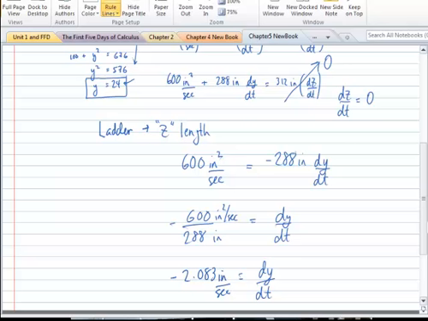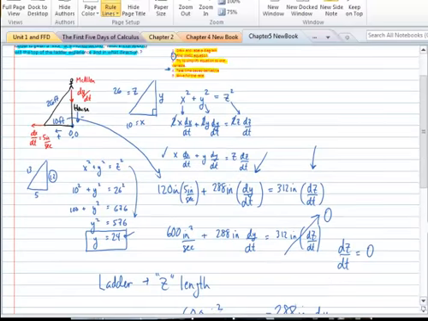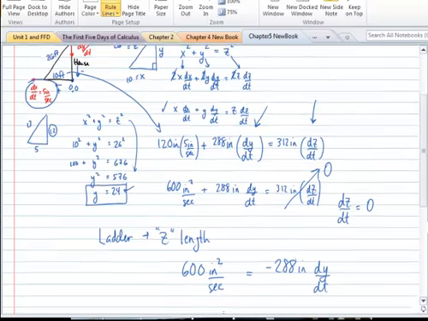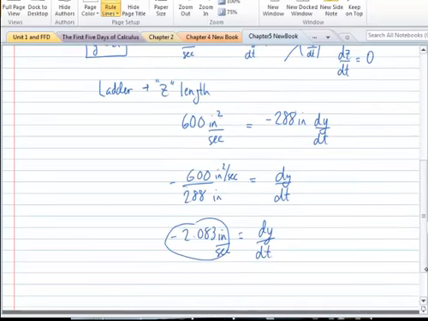It makes reasonable sense, since this is on the order of the kickout velocity of 5 inches per second. So now we know that dy dt is negative 2.08 inches per second.